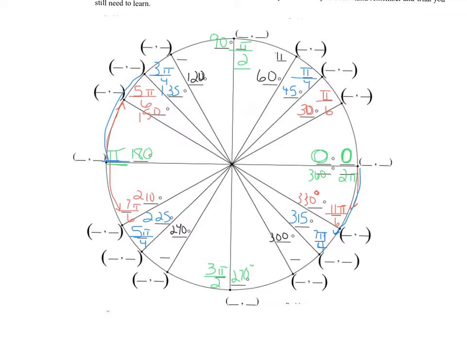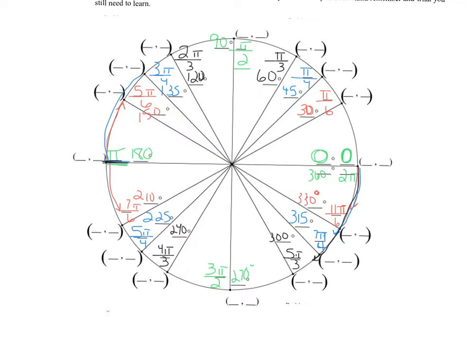Lastly, we know 60 is pi over 3. Subtract it. 3 over 3 minus 1 over 3 is 2 over 3, 2 pi over 3. 3 over 3 for 1 plus 1 is 4 pi over 3. And then lastly, 2 pi in thirds would be 6 pi over 3. Minus 1/3 is 5 pi over 3.